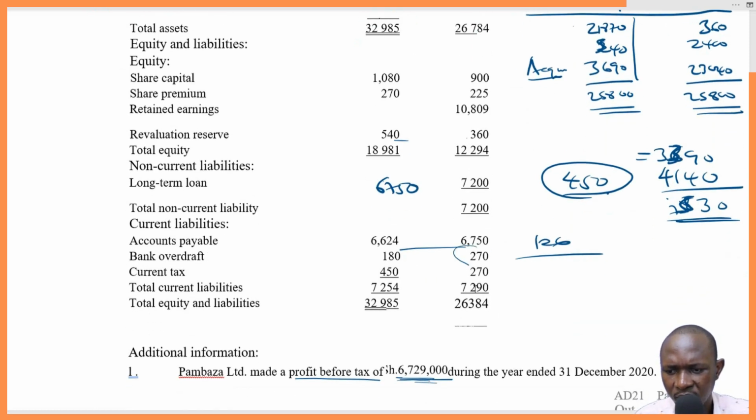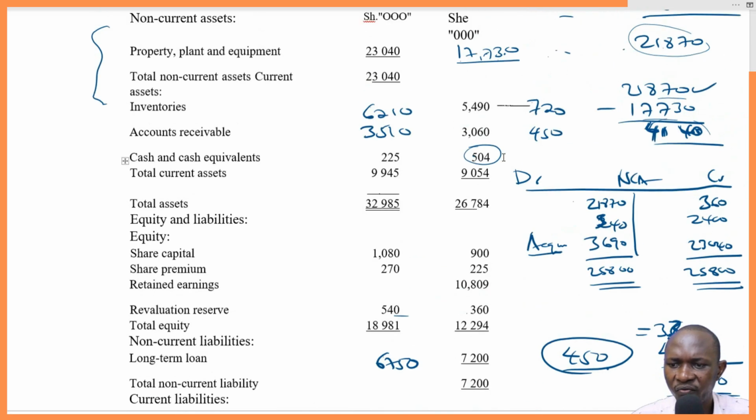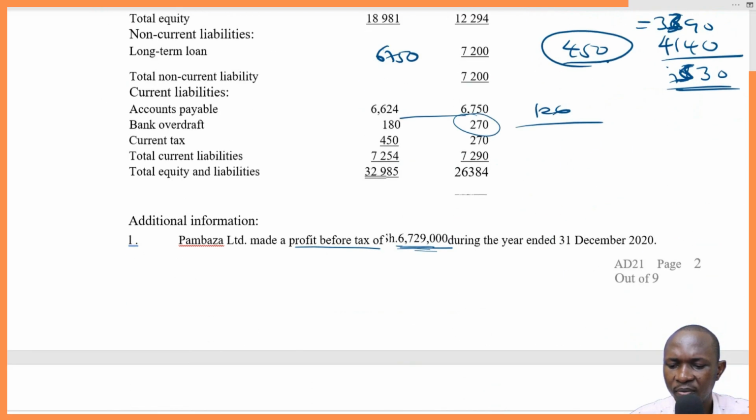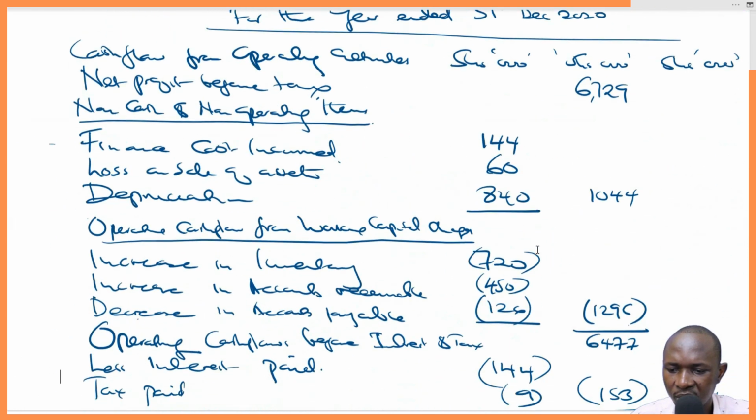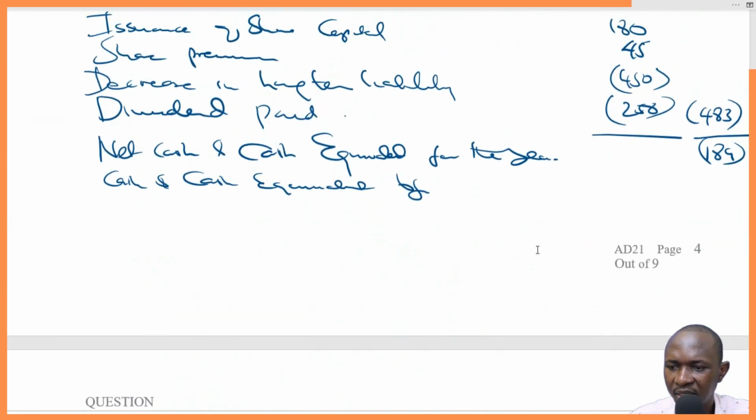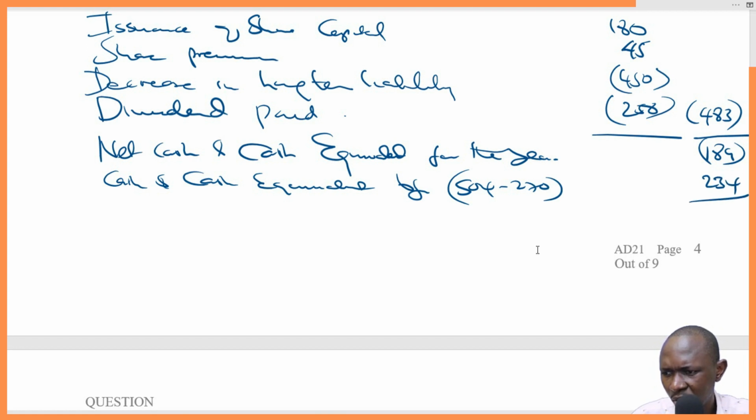Bank overdraft 270. So it's 504 minus 270. This will give you, I think, 234. So 234 is the balance at the beginning of the year.